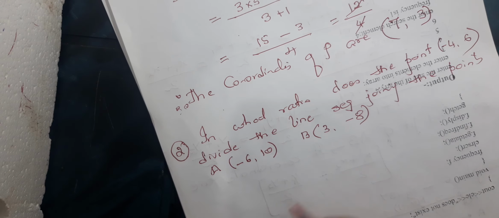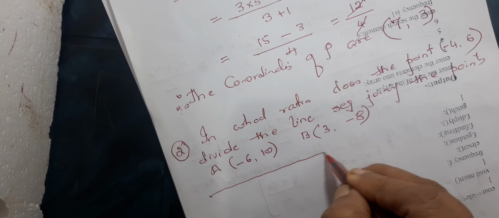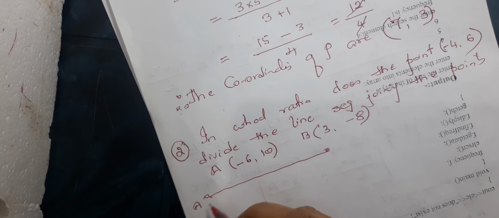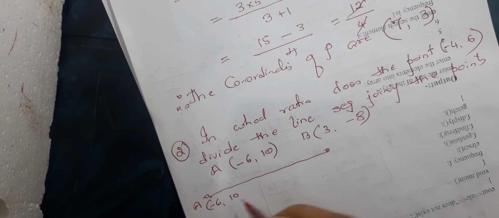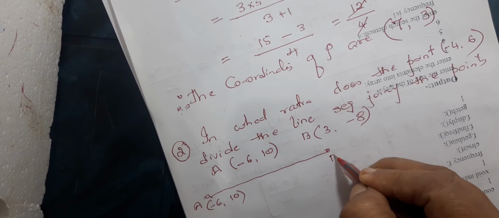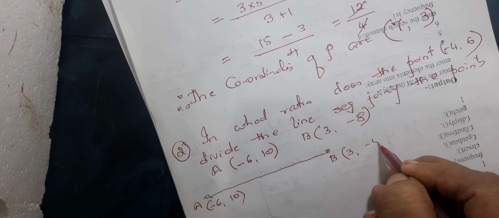In what ratio they are asking? So I will draw a line like this. A's coordinates I'll write here, minus 6, 10, and B's coordinates I'll write 3, minus 8.